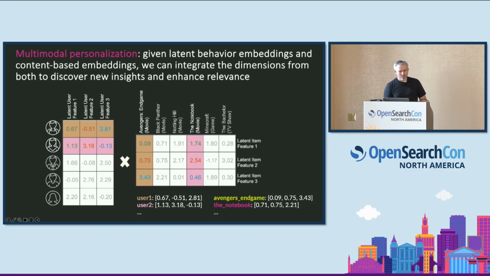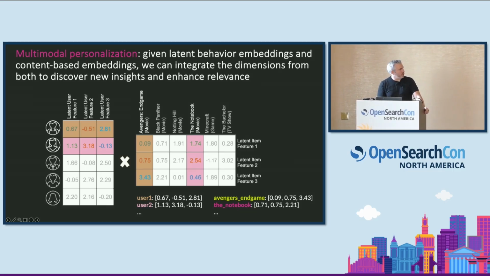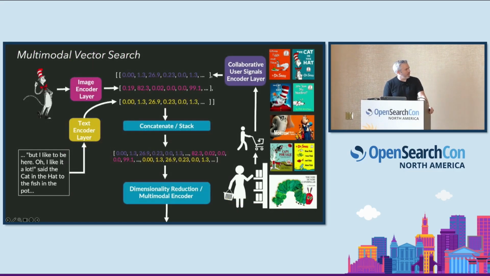Also, I should mention that it's possible, as we've talked about, to take user behavioral embeddings, where I've learned them directly from matrix factorization on the user signals. I can use these as embeddings and combine them with content-based embeddings or embeddings from any vector space.